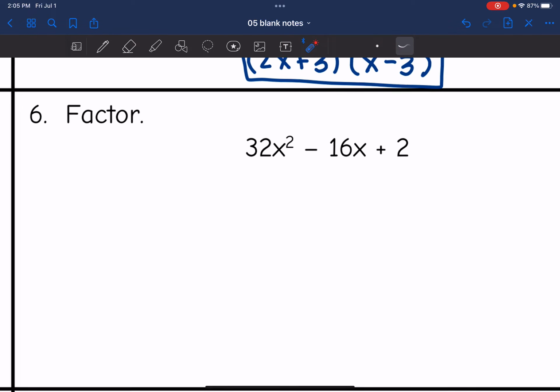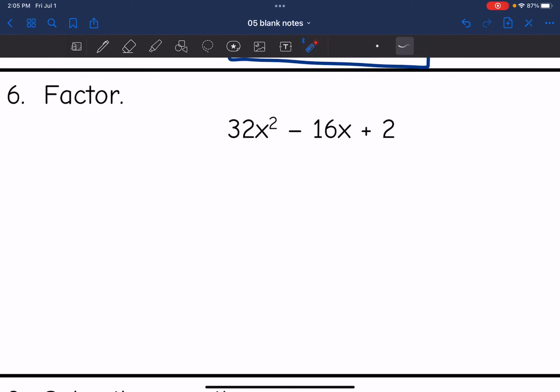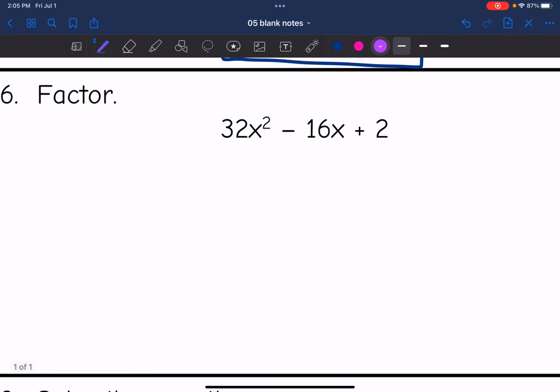All right, number 6, 32x squared minus 16x plus 2. I believe I have a GCF of 2 again. So I'm going to pull out the 2, and then I'm left with 16x squared minus 8x plus 1.